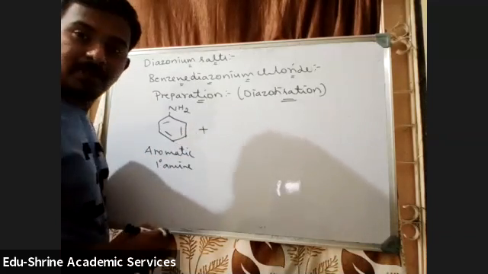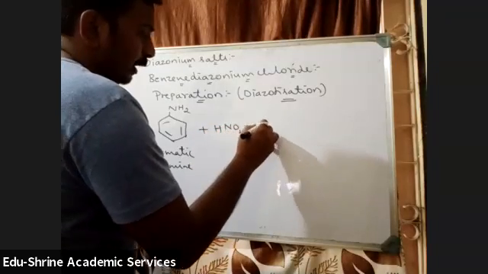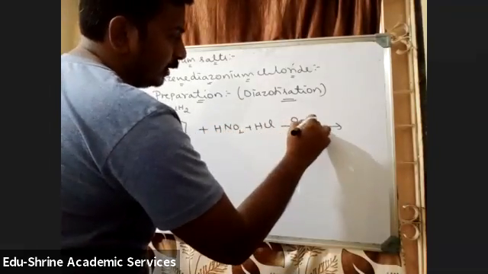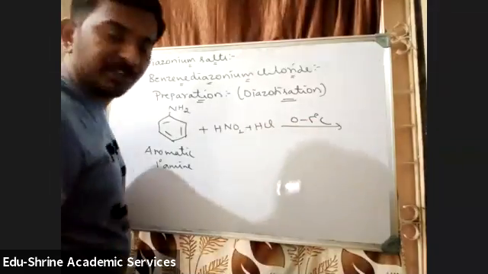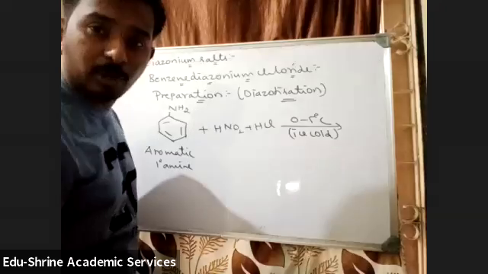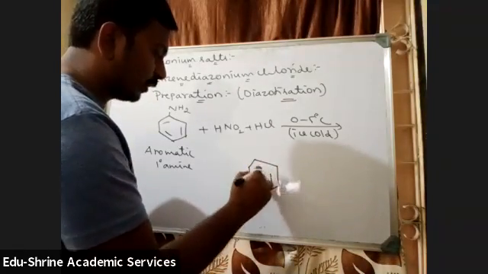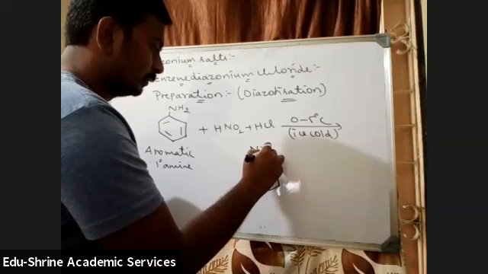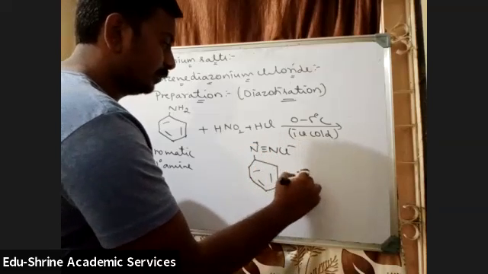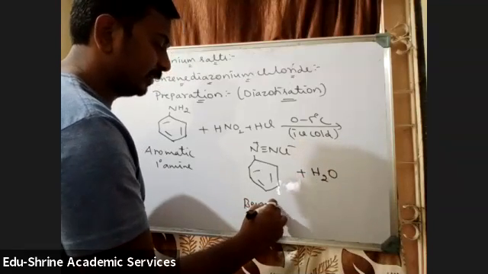On treatment with HNO2 plus HCl, temperature conditions are always important. It must be ice cold, 0 to 5 degrees centigrade. The product you get is benzene diazonium chloride plus H2O. This is how the preparation is done.